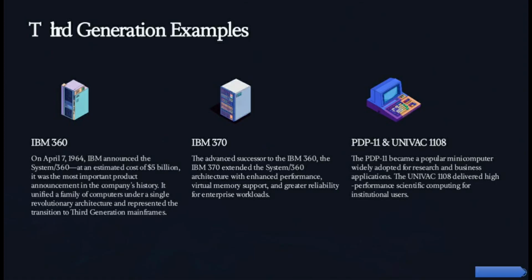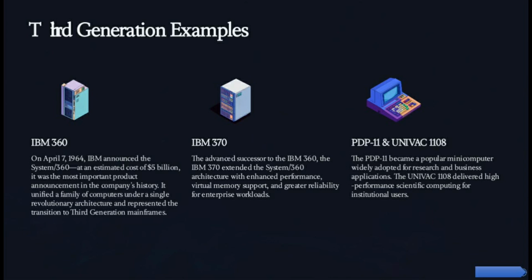First is the IBM System 360, also known as the IBM 360. IBM announced the System 360 on April 7, 1964. It was a very important development in computer history because it introduced a family of computers that could use the same basic architecture.